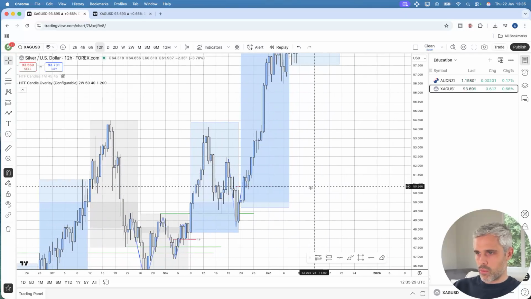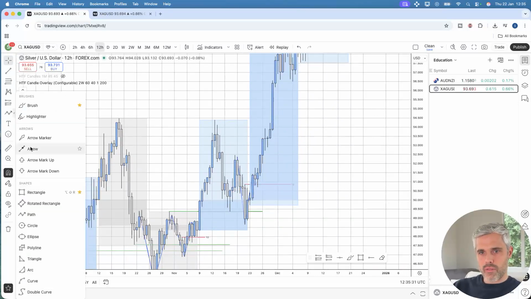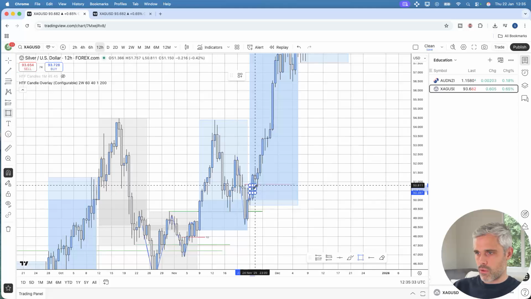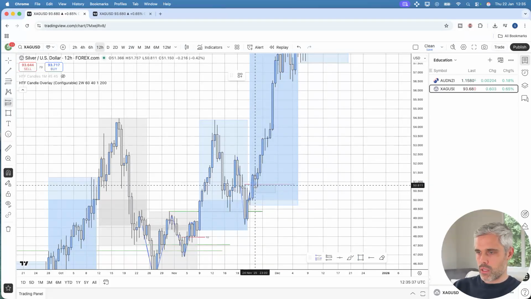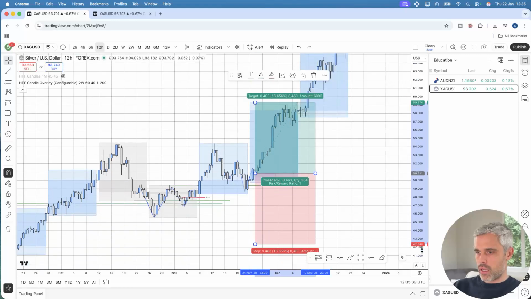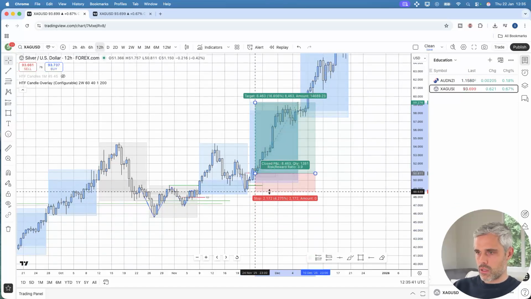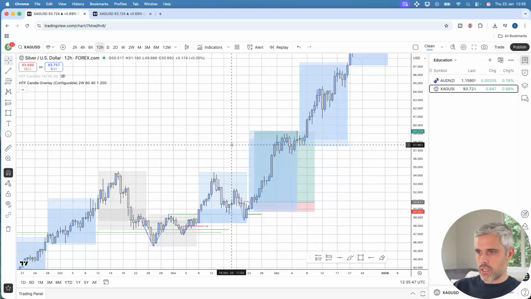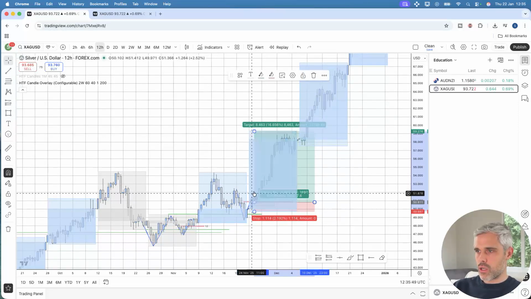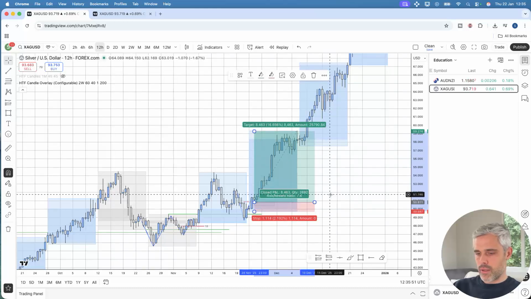And if I zoom in, with an overlapping 12-hour fair value gap at this level right here, we can get involved again. We have the same context for this continuation trade, and we can then place our stop either at the swing point or at this low here. We can go higher, and this trade just runs and runs and runs.